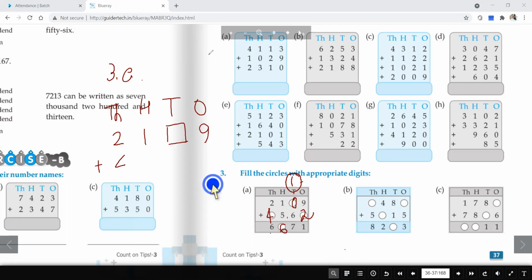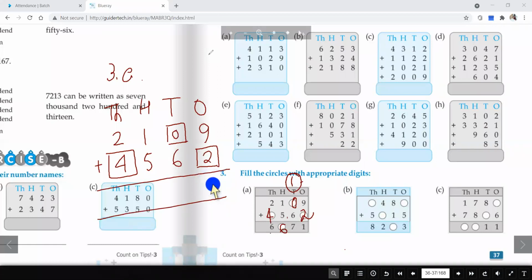Plus 4, plus here box you will draw wherever the number is there. Like this way you will just solve. And write the number giving much gap, so that you will not face any kind of problem, and carry on also you need to write. Like this way in your copy you write.